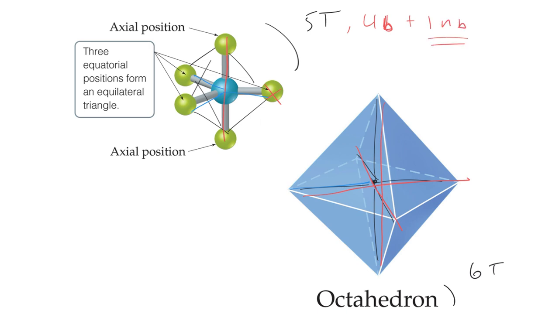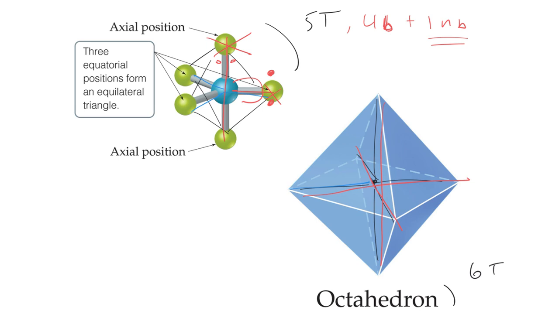Do I put it on the equator or on the axis? For trigonal bipyramidal, we're going to choose to put the lone pair on the equatorial position, but not on the axial position. Hopefully you can see that if you chose to put the electron pair in the axial position, you would get a different geometry than if you put it on the equatorial position.